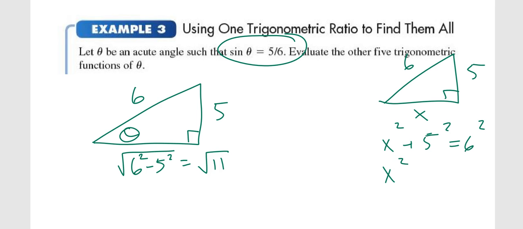And then x squared plus 25 equals 36, which means x squared has to be 11. You can still get to radical 11. I know. I'm trying to speed that whole process up in your mind. If you know the two legs, you would be adding and taking the square root. If you know the hypotenuse and one leg, you would be subtracting and taking the square root. But if that doesn't make sense, then go with what you're comfortable with.